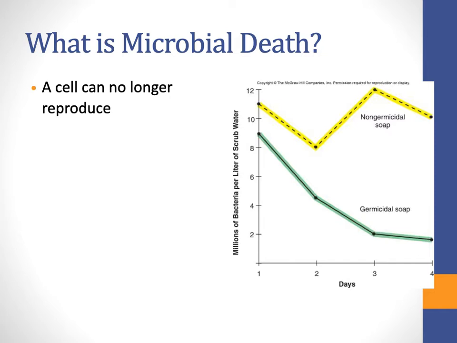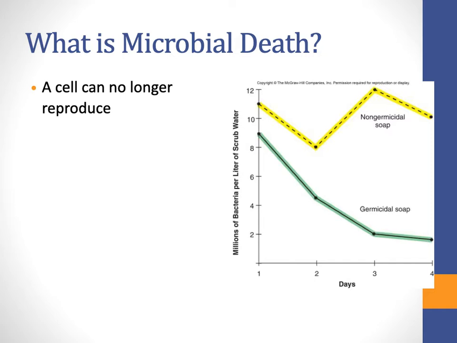You'll also notice in the yellow line that we have this non-germicidal soap, or germostatic soap, okay? And so you can see the levels kind of go up and down, but it kind of remains the same. So they're not increasing in numbers dramatically, but they're not decreasing, they're not dying, and they're kind of halted, right? Like we had said, how they freeze, they're not able to reproduce or replicate.